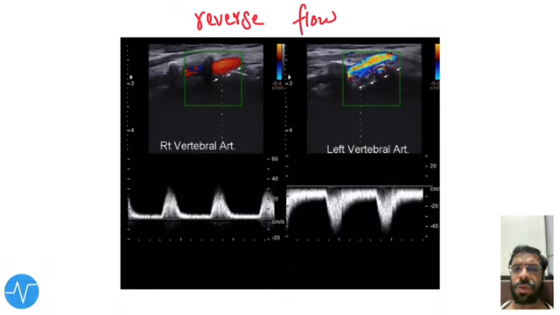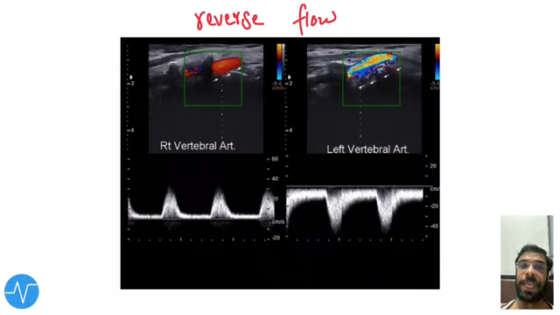This can also be seen if we compare the vertebral artery with the ipsilateral carotid artery. Suppose both the carotid artery and the vertebral artery normally take the blood from the heart to the brain, but if there is subclavian steal syndrome, then the internal carotid artery will take the blood to the brain, but the ipsilateral vertebral artery will show reversal.